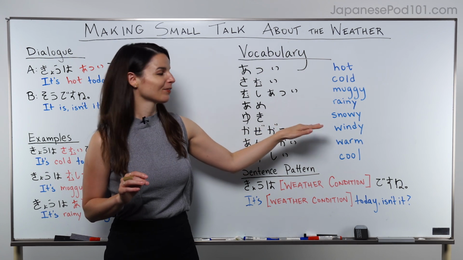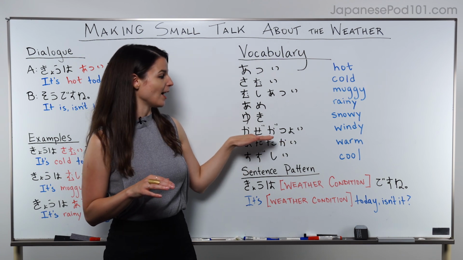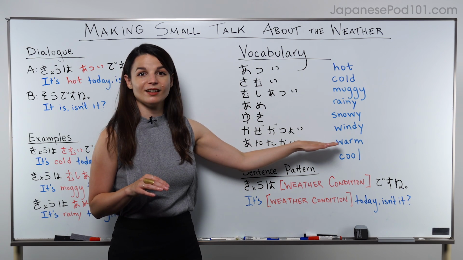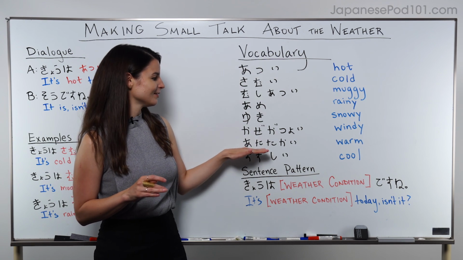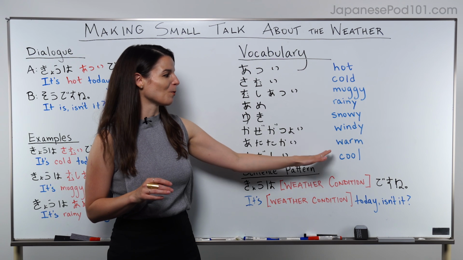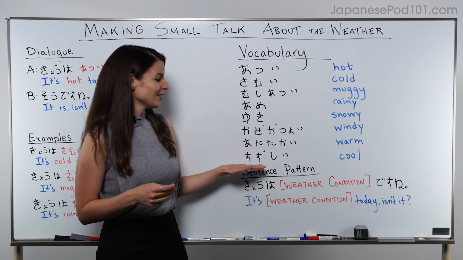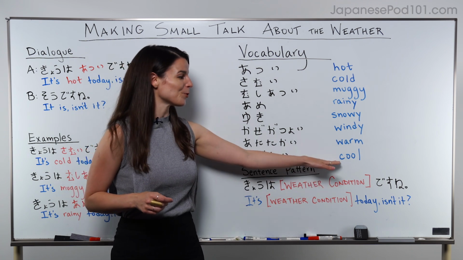Next is 風が強い. This means windy. Next we have 暖かい. This means warm. Finally is 涼しい. This means cool.